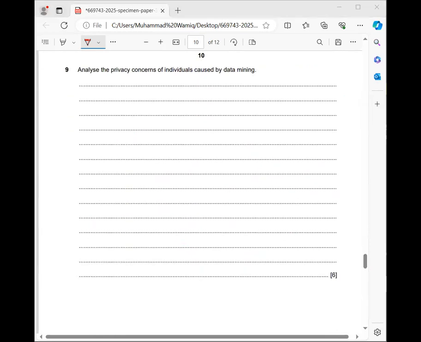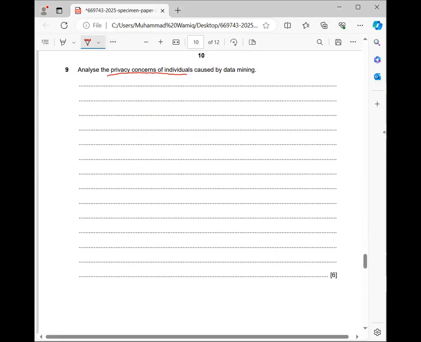The next question is: analyze the privacy concerns of individuals caused by data mining. This is for 6 marks. Now, when it comes to individuals, that means we are most likely talking about individuals that have privacy concerns related to data mining.